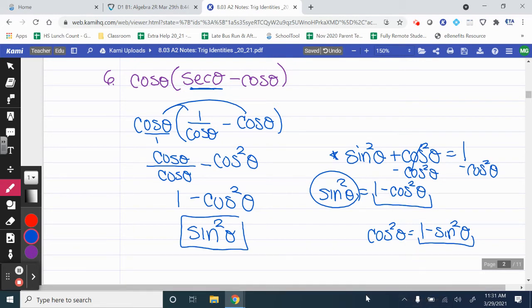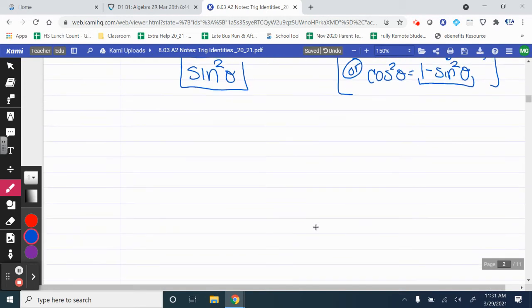So if you can recognize, as soon as you see cosine squared plus sine squared, recognize that it's equal to 1. If you see 1 minus cosine squared, that's going to give you sine squared, and 1 minus sine squared will give you cosine squared. And this is just an or, a different way of solving that one.